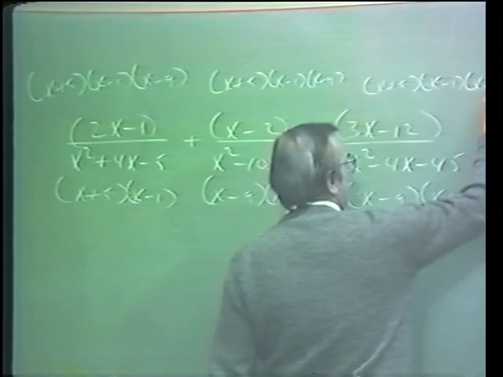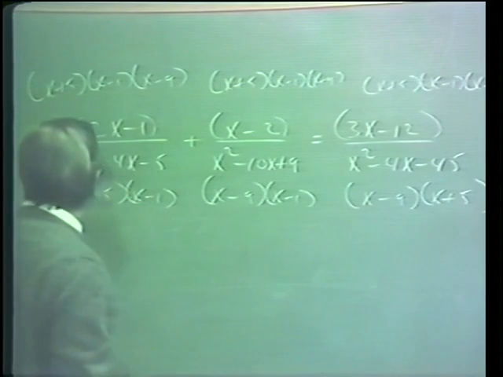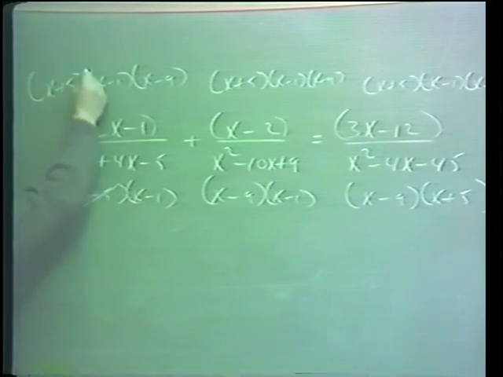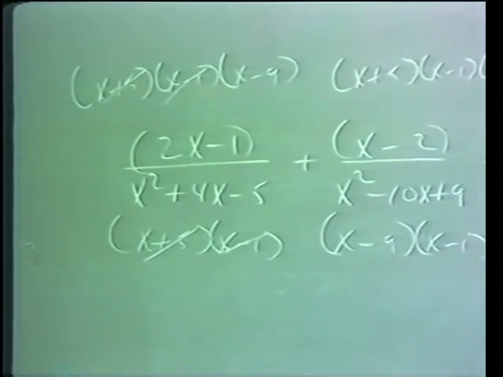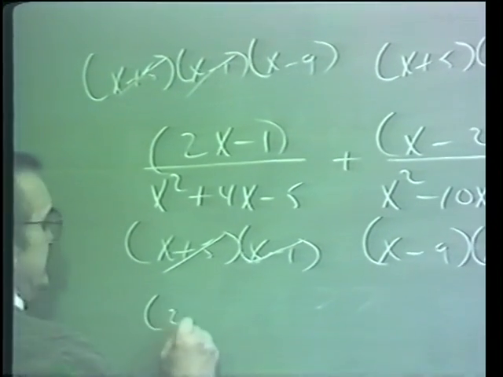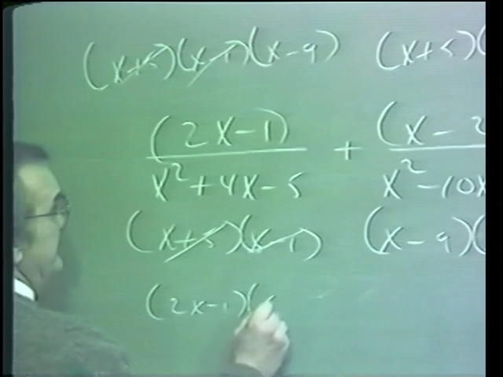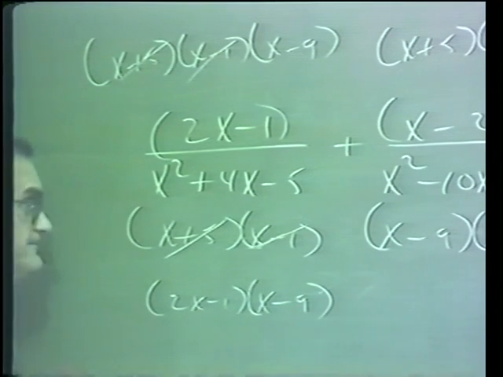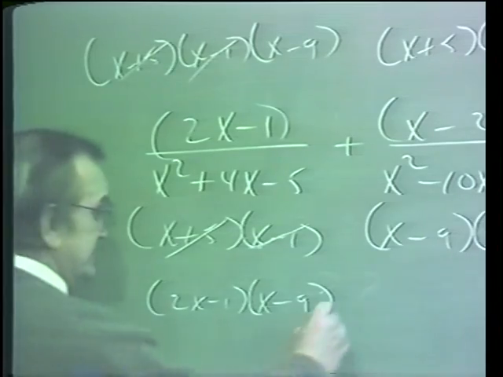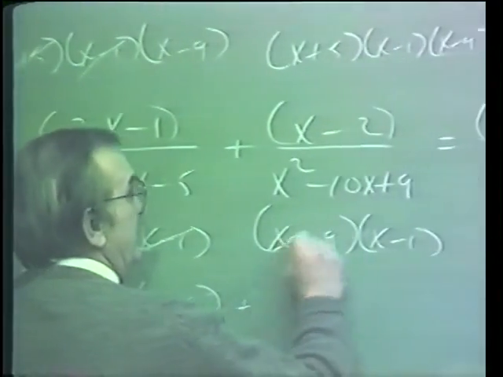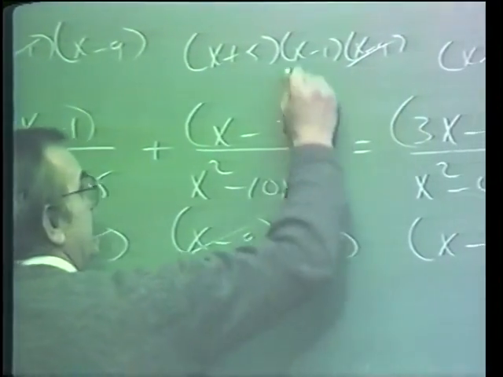Now notice, if I multiply the first term by it, the x plus 5s are going to be a 1. The x minus 1s will divide. All I'm going to have left is the quantity 2x minus 1 times the quantity x minus 9. Plus, we multiply the second term by it, the x minus 9s divide out the x minus 1s.